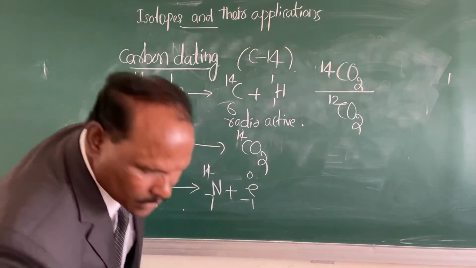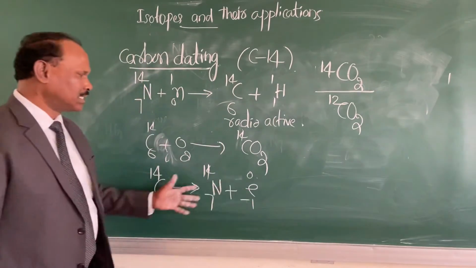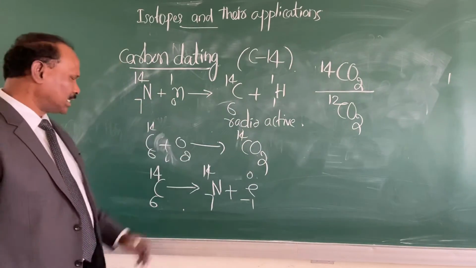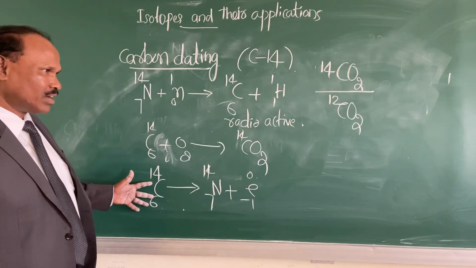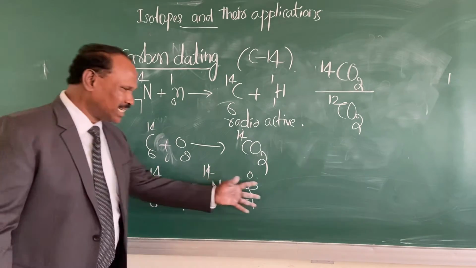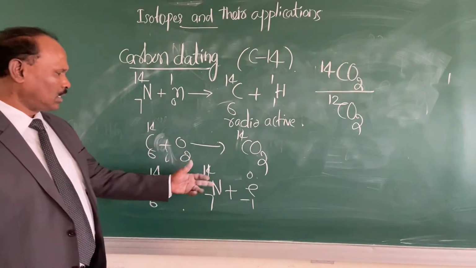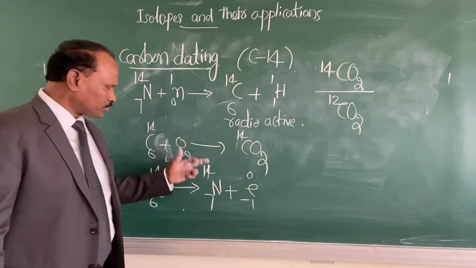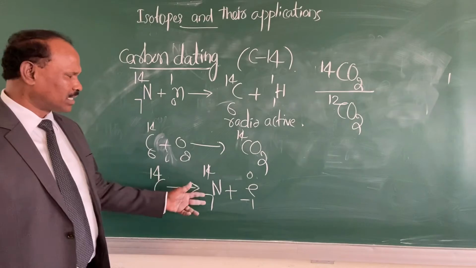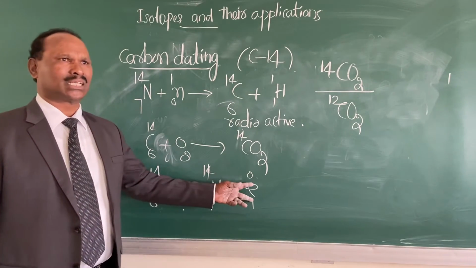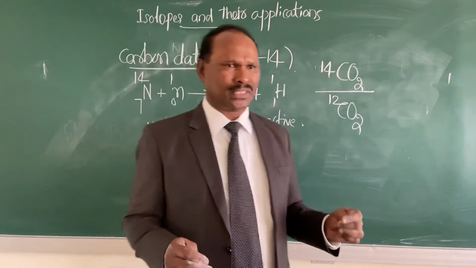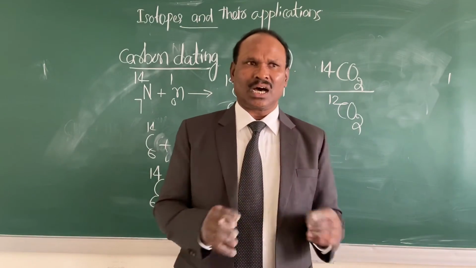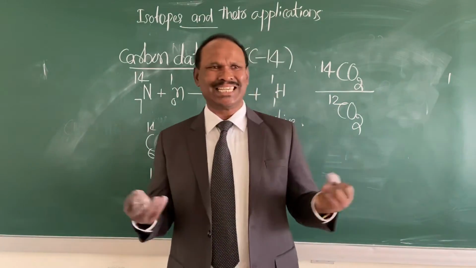That means beta rays are emitted, right? So these beta rays coming out of C-14 are counted by using a Geiger-Müller counter.